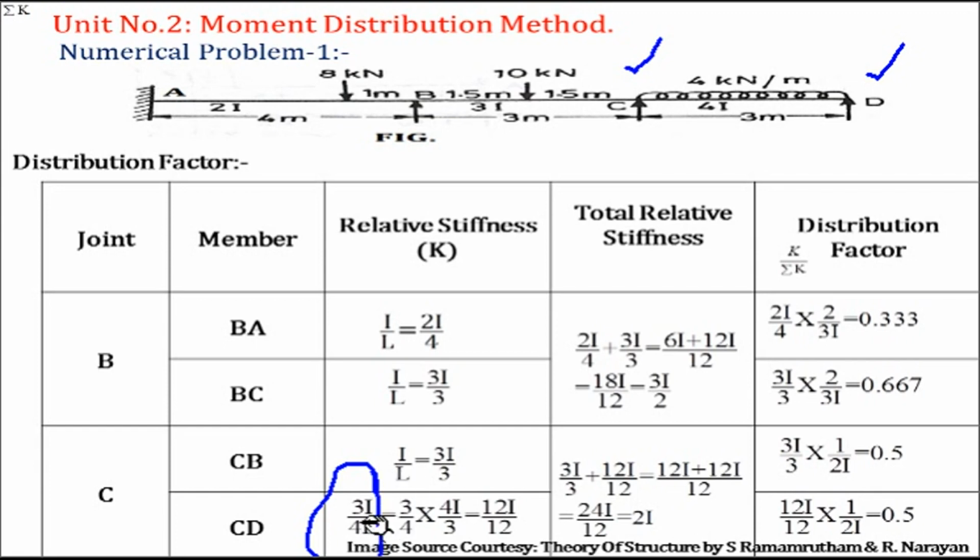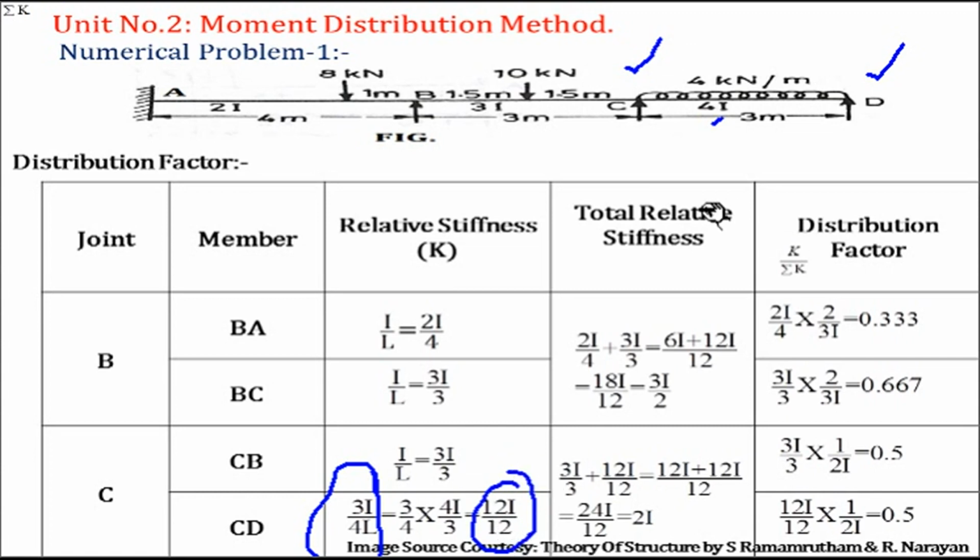In that case, relative stiffness is 3I upon 4L. So 3 upon 4 into 4I divided by 3. The moment of inertia is 4I. So putting that value, 4I divided by 3, span is 3. So we have the relative stiffness 12I divided by 12.